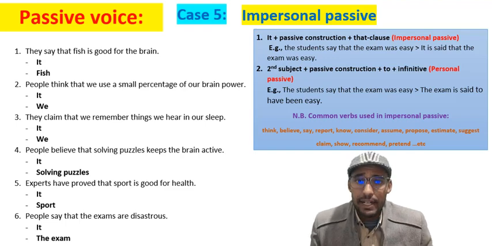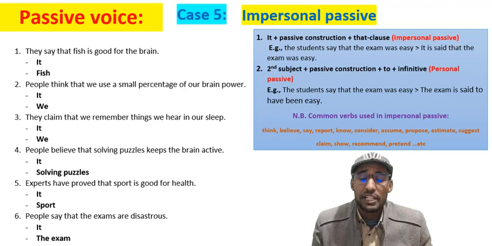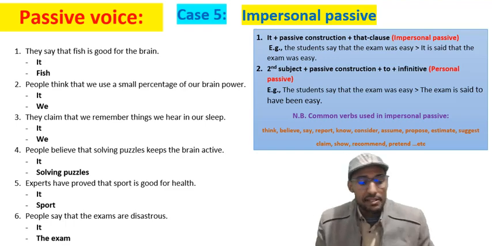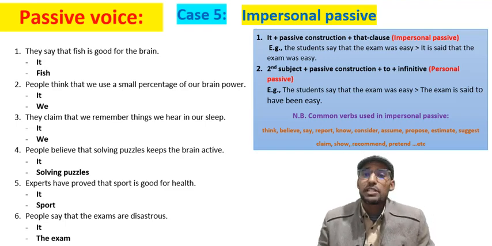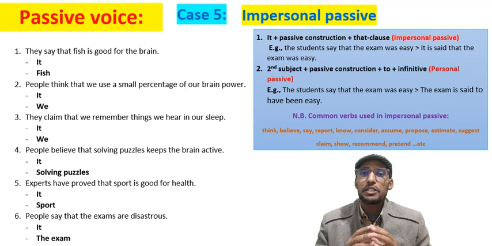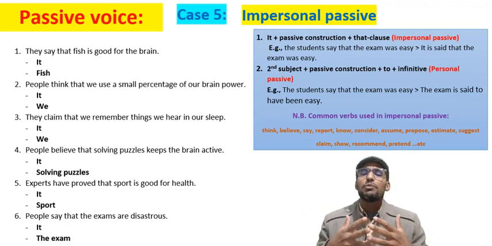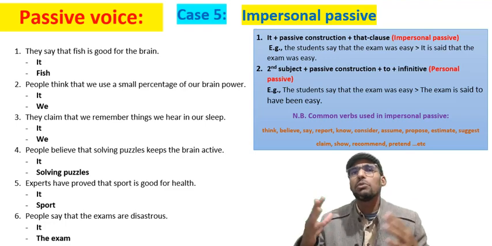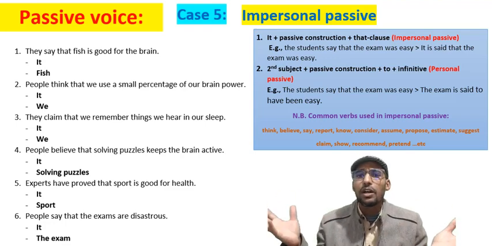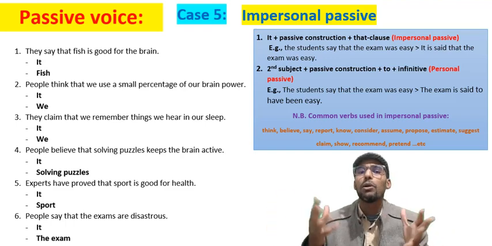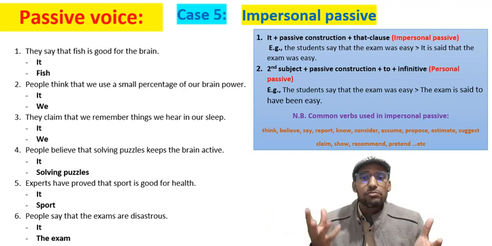Today, the case number 5 will be dealing with something that we call impersonal passive. What do we mean by impersonal passive? Generally, impersonal passive statements are special statements, mostly formal, a formal way of reporting what people say, or what an unspecified group of people report.